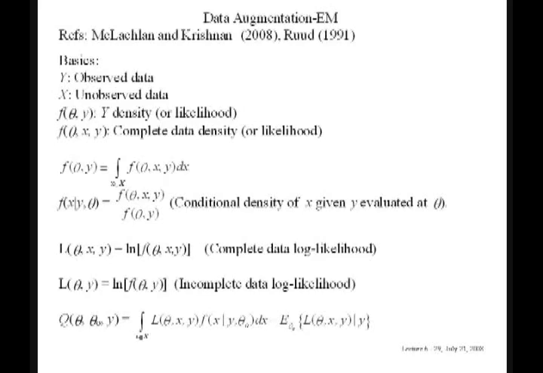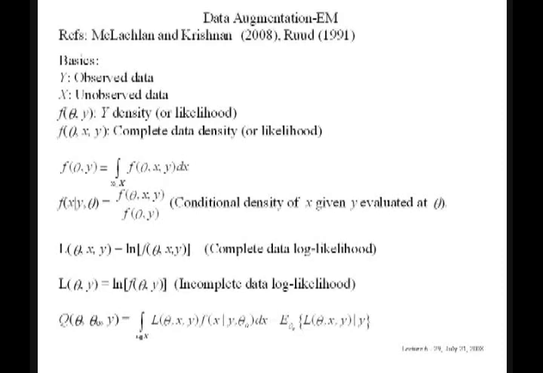Here's the trick. It turns out that what you're going to do is iteratively. This is what you're going to do. You're going to compute, for some parameter value guess, so guess some parameter value, theta naught.